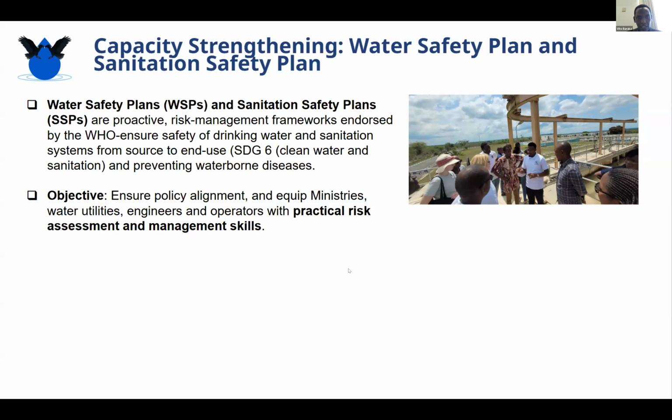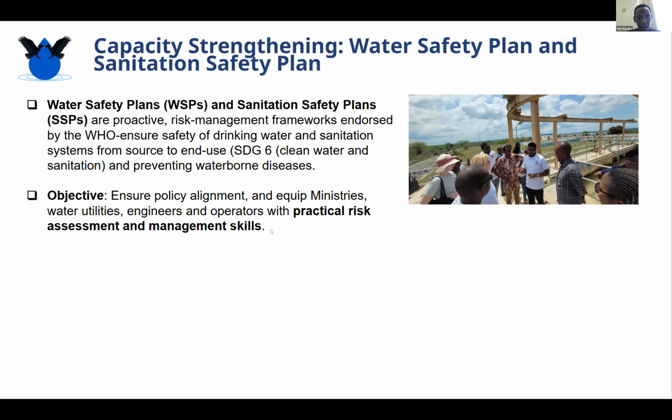And in terms of sanitation safety plans, we realized that most of the countries don't really have policies or guidance to support utilities to develop their own sanitation safety plans.